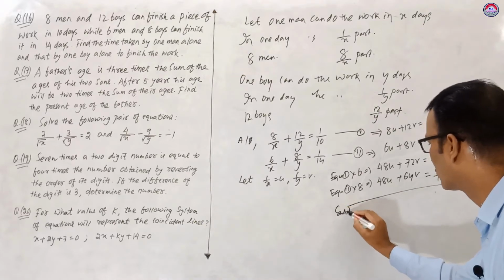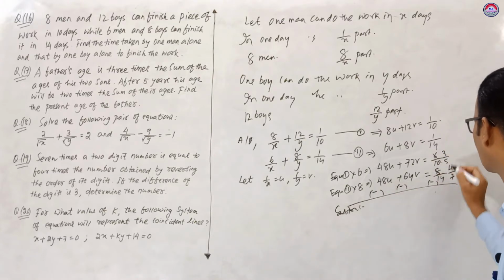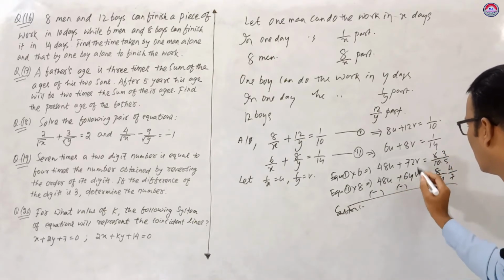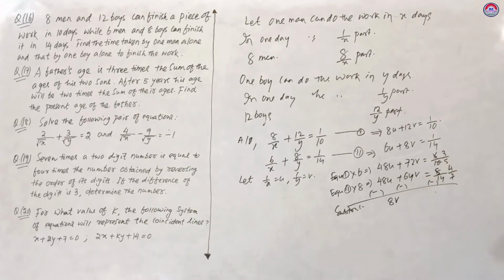Subtract: minus, minus, and minus. So it will become 8V equal to 3 by 5 minus 4 by 7. You can write it as (21 minus 20) by 35, which is 1 by 35.